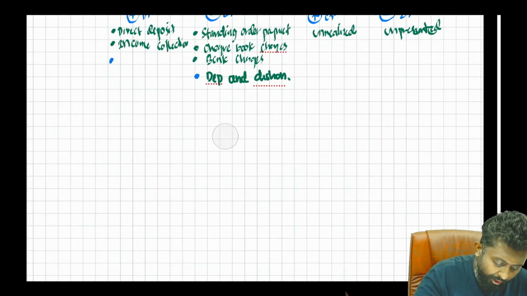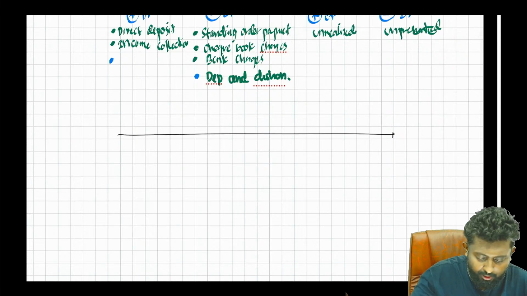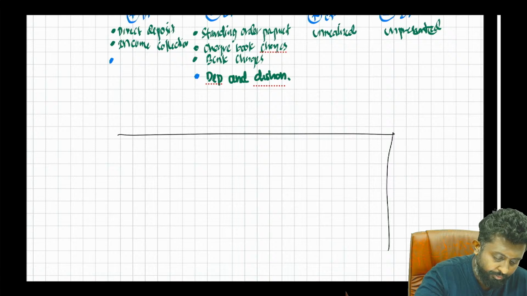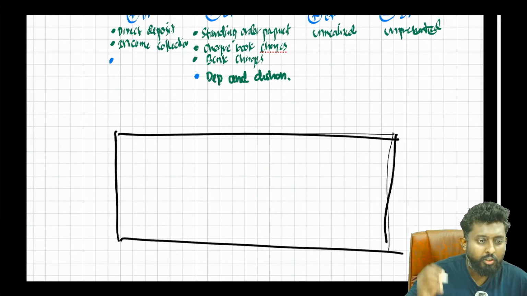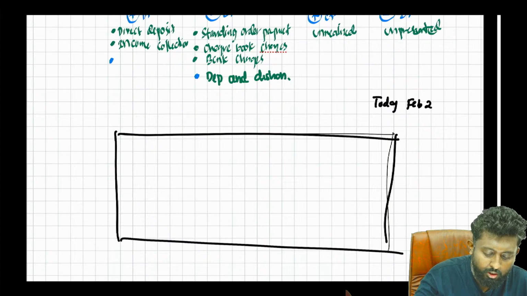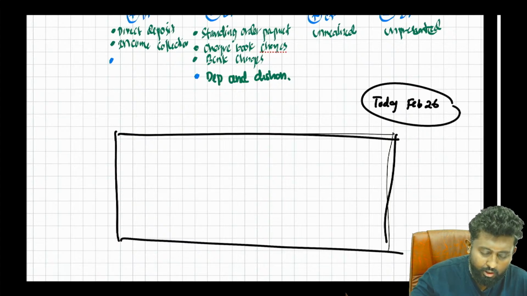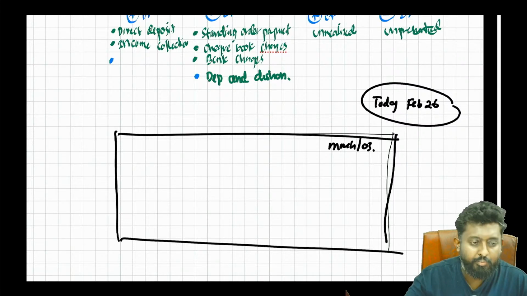So everyone, let us take a check like this. Let's assume this is a check, right? In this check, today's date, we'll say, is February 26. So we are receiving a check dated March 3rd.